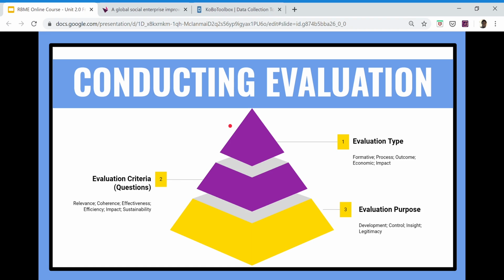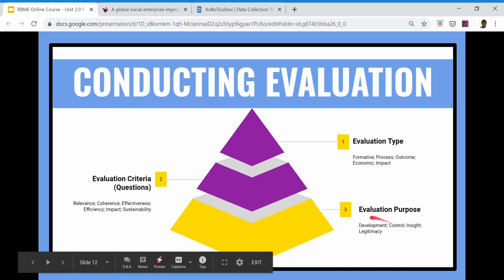The evaluation purpose is very important. One thing we didn't discuss in this course is the evaluation approach, which is beyond this course, but the evaluation purpose suffices as the foundation.